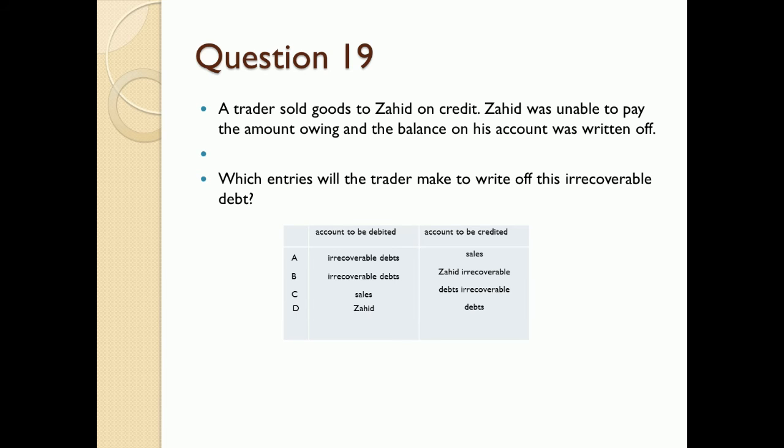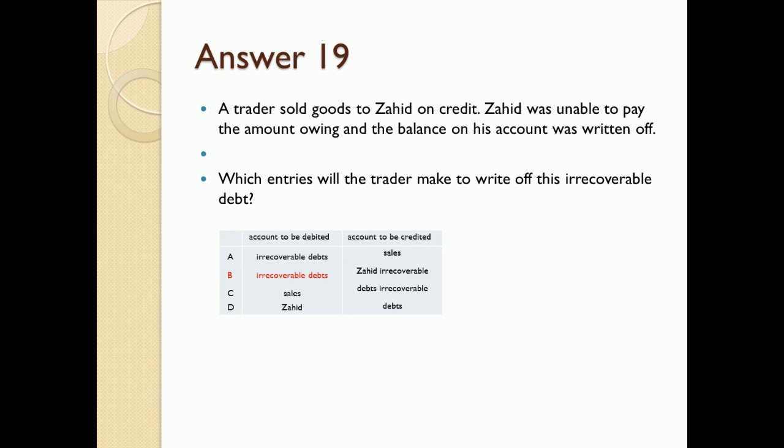Here comes your answer: irrecoverable bad debts account debited, and Zahid credited. I guess there's a little problem in your slide. On the credit side it is only Zahid, not Zahid irrecoverable.